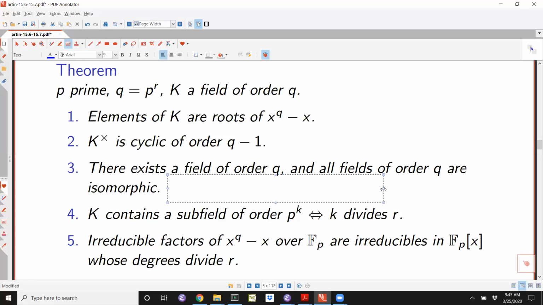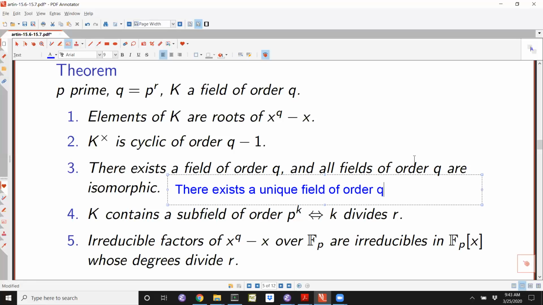There exists a unique field of order Q equals P to the R, written as a one-statement slogan. And so people talk about the field of order Q because all such fields are isomorphic. So that's the third thing that's true.